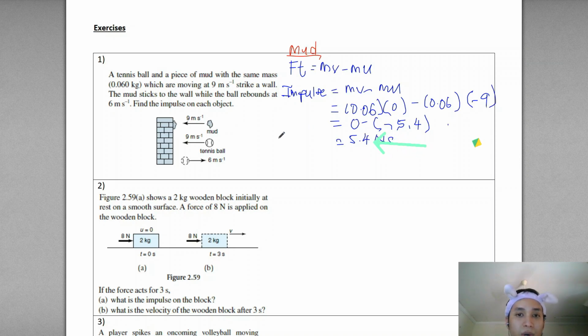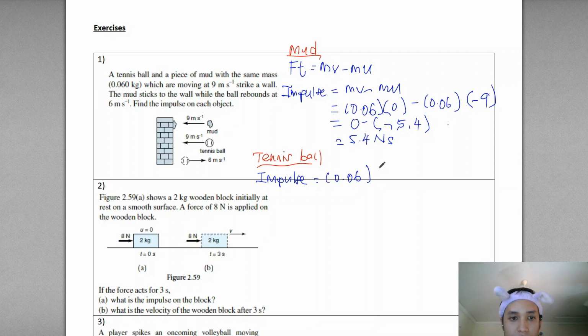What about for the tennis ball? For the tennis ball, impulse, both are the same mass, so 0.06.